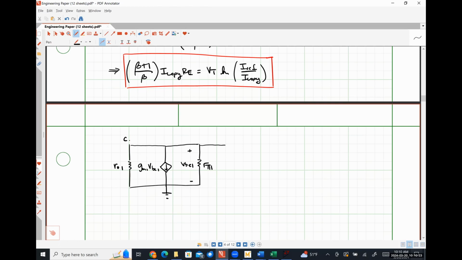So here is the collector for 1, the base for 1, and the emitter for transistor 1.